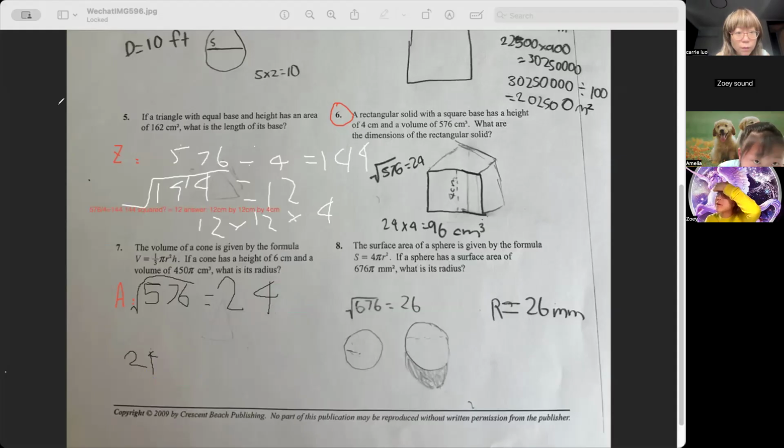Wait, is it number 6? I already wrote it on the paper, right there.